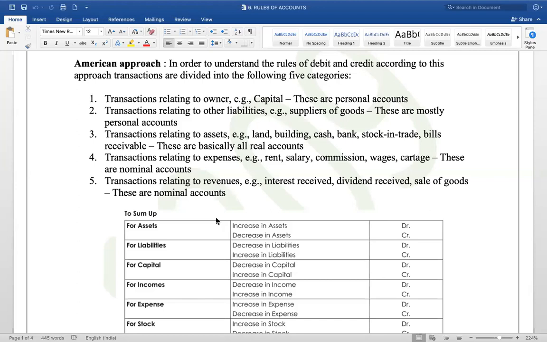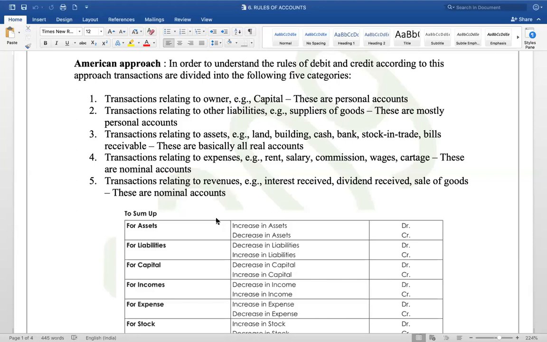Next, number three, transactions related to assets. What are they? Land, building, cash, banks, stock in trade, receivables, and so forth. Number four, transactions related to expenses. Expenses: rent, salary, commission, wages, cartage, and so forth.